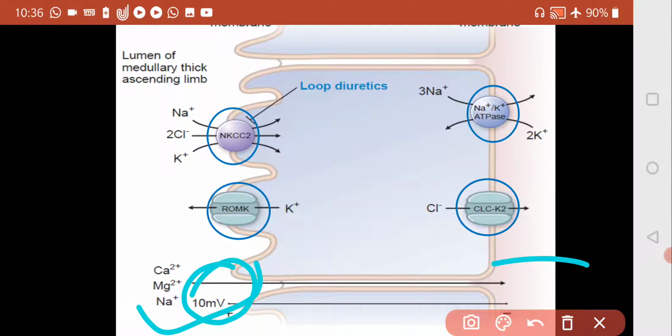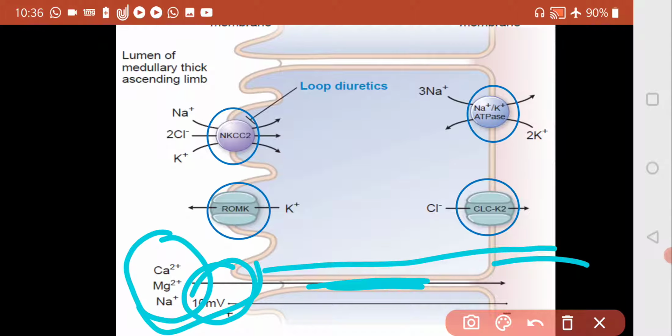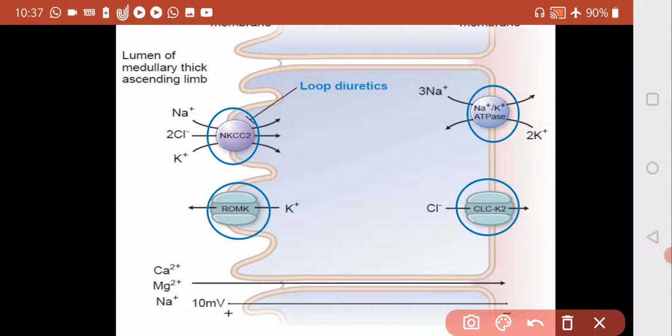So there is paracellular absorption of Ca2+, Mg2+ and sodium. Calcium, magnesium and sodium go inside into our blood. This occurs in the thick ascending limb of the loop of Henle, where the loop diuretics act.